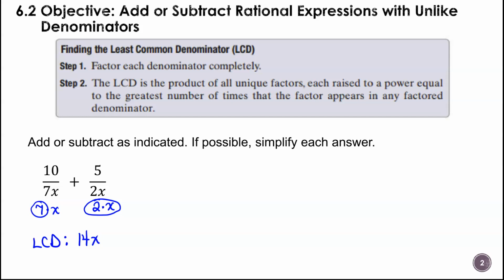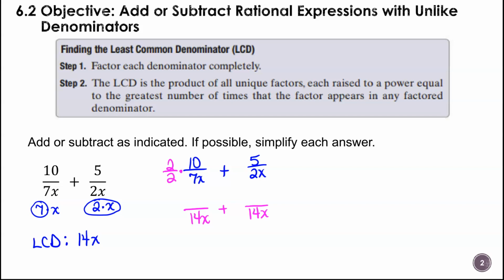Now I have to rewrite both fractions with a denominator of 14x. I decide what to multiply by. To get 14x, I multiply 7x times 2, so I'm multiplying by 2 over 2. Remember, I can't just randomly multiply one part of this.